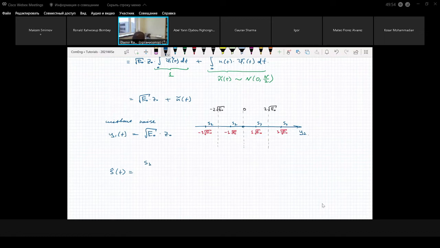We say that we received signal S1 of t if Y1 is smaller than or equal to, let's say, minus 2 square root of E0.